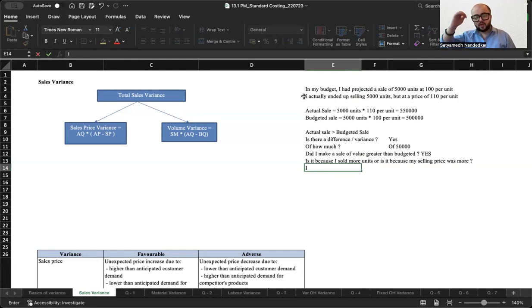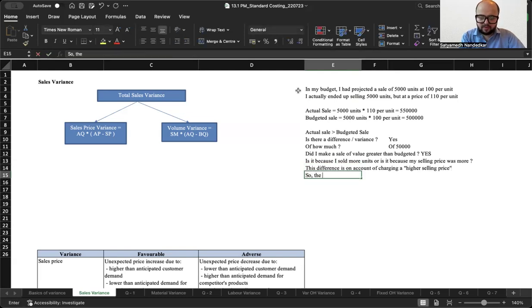It is because I sold the same units at a higher price. So this difference is on account of charging a higher selling price. So the variance is called sales price variance.